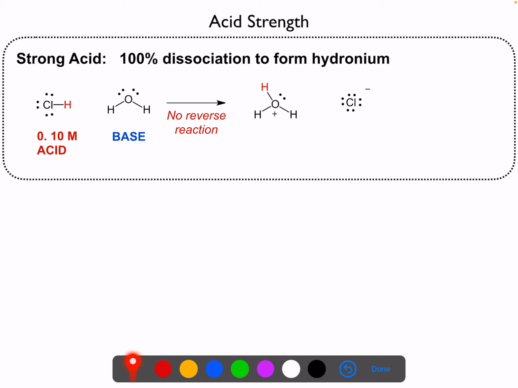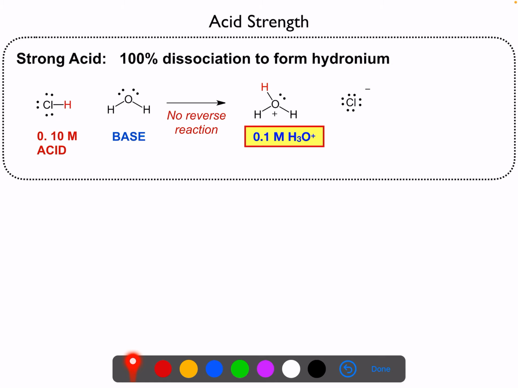In other words, however much acid we have here ends up as hydronium. This reaction goes only in one direction, and everything that started as a reactant ends up as a product. So if we start with 0.1 molar acid, we end up with 0.1 molar hydronium. And as we'll see in a second, that gives us a pH of 1. We'll talk about pH in a second.